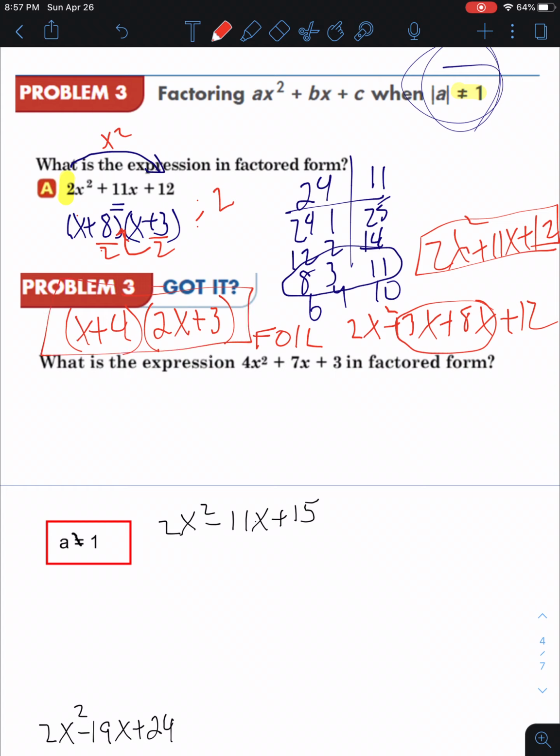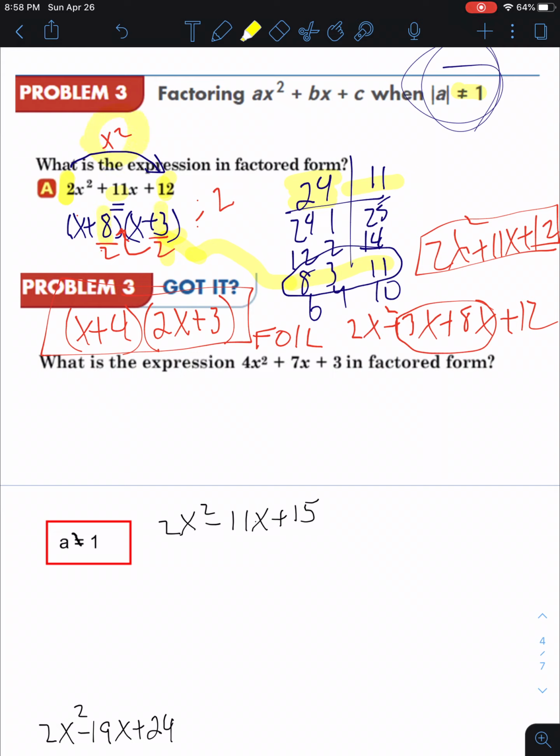Okay, again, the rule. Take the first term, multiply it by the last term, and that's how I get my 24. Then you come up with the right product that will give me the sum of 11, the middle term, which came out to be 8 and 3. Now we'll put those in here, that's my 8 and my 3. Since I multiplied by 2 up here, I have to divide by 2 to counteract it.